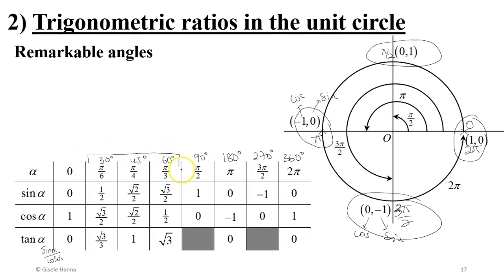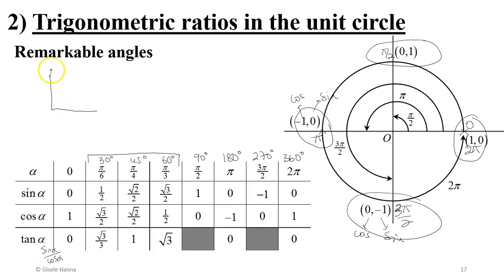However, let's just move to the angles here that are 30 degrees, 45 degrees, and 60 degrees, which are pi over 6, pi over 4, and pi over 3. Now, in order to remember these trigonometric ratios, all you have to do is just remember how we deduced them in the previous lesson using special triangles.